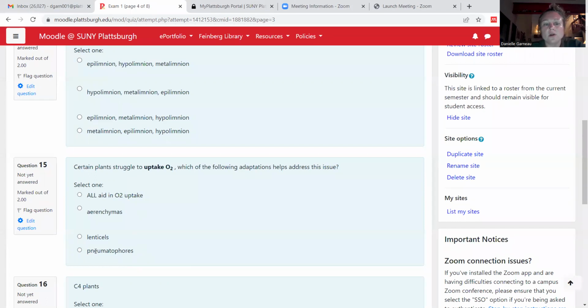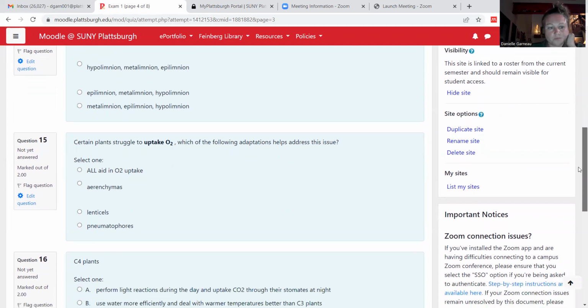And then pneumatophores, we're thinking like pneumonia, right? But this is a way that organisms like the mangroves, the mangrove islands that we see in the tropics, are able to do some gas exchange too. So actually all of these are ways that they can help give some of that oxygen.